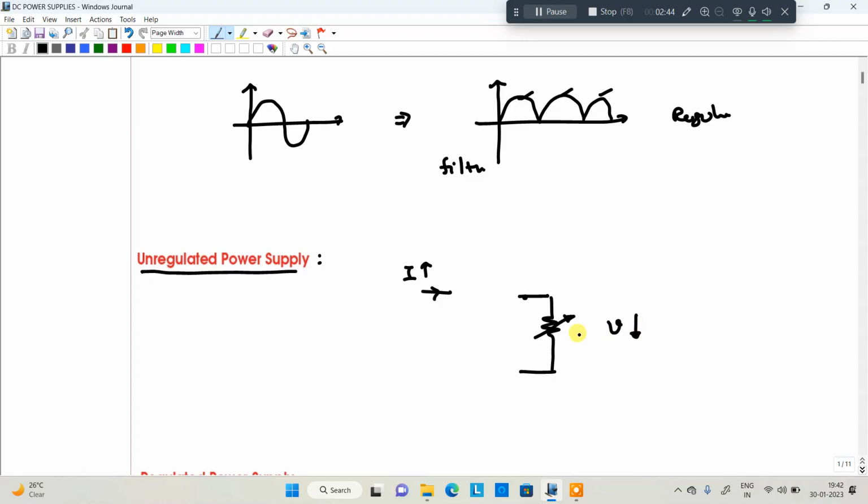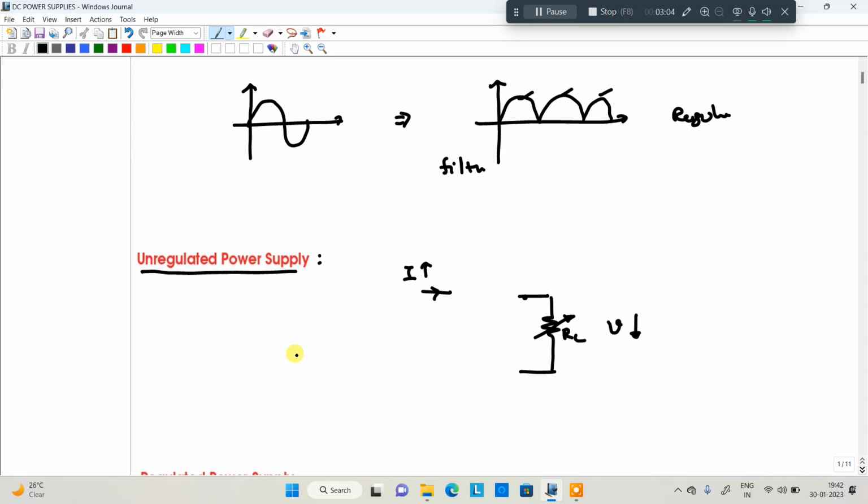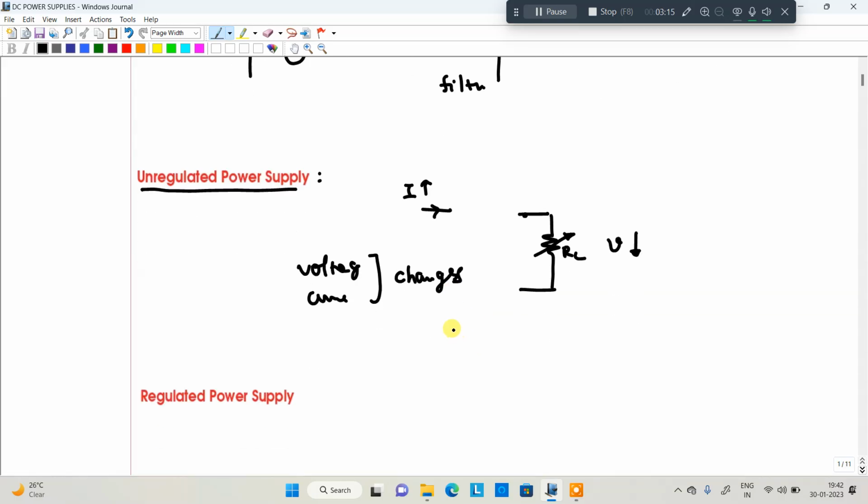You want to maintain a constant voltage at the output, but whenever you use more load or a variable resistor, meaning the load increases on the output side, the current and voltage values change automatically. Since both voltage and current values change, this supply is called an unregulated power supply.